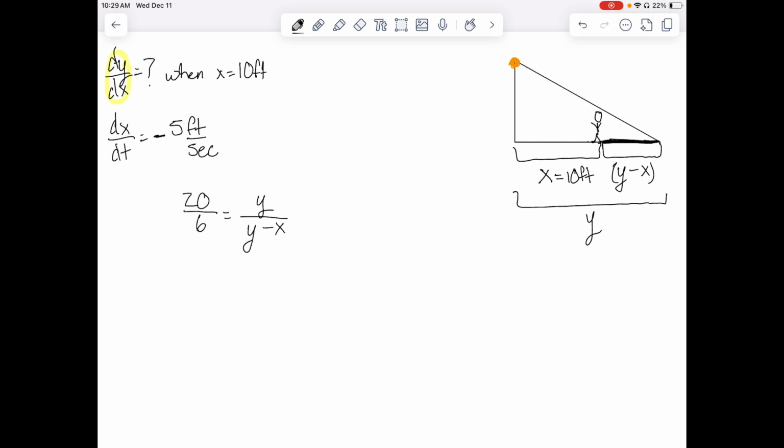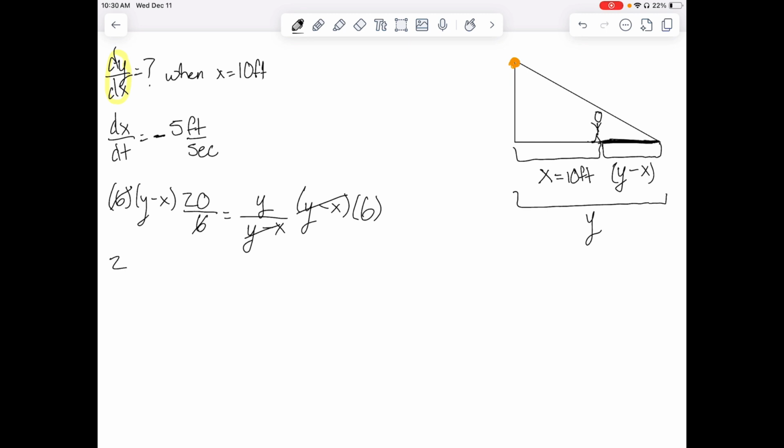Okay, so now we're going to work to isolate the y variable by first getting rid of the denominators. The way we're going to do that is by multiplying both sides by the denominators. This simplifies down: we can cross out this 6 and this y minus x over here, because once they're on top of each other, that's the same thing as 1 over 1, so it cancels.